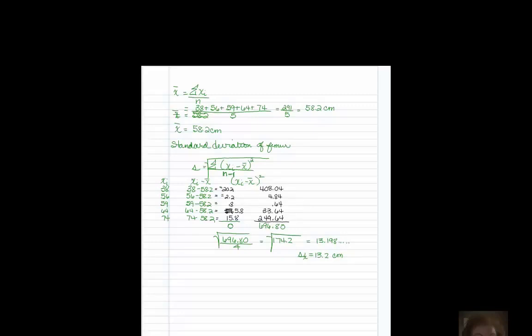As you can see, doing it by hand is tedious, but it does give you a feel for the formula. So I would recommend you do a small data set or two by hand, because that's going to be important to help you understand the definition of standard deviation.